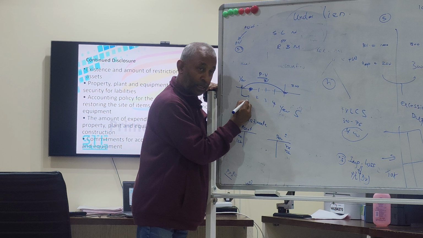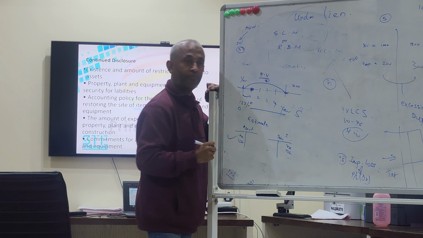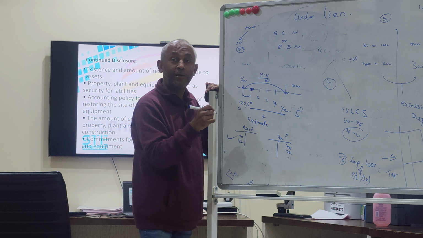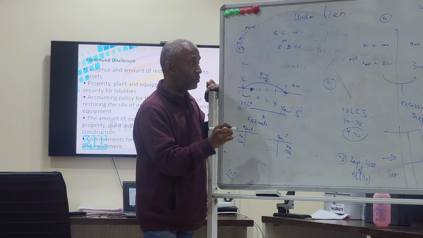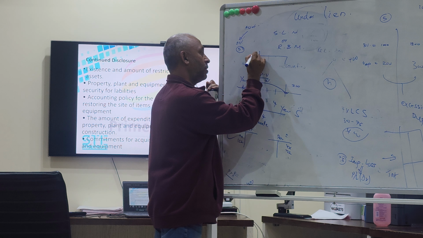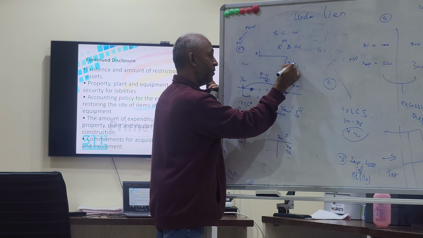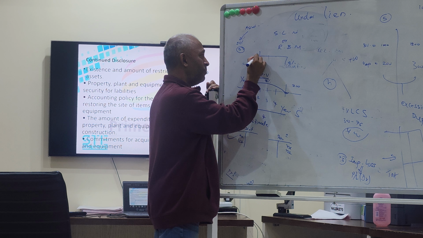Now, once the 12 months are finished, where are we now? Year 1. If we assume this is year 0, how many years remaining? 4 years, right? Then what the standard tells you is to go and again calculate the present value. This is year 5, 8% at year 0. Then in the second year, it becomes 4.